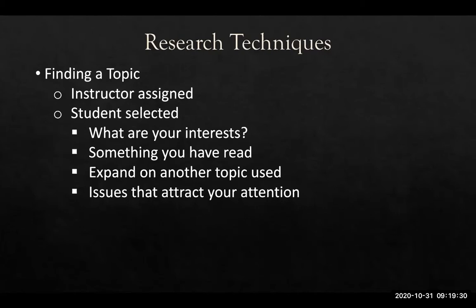The other thing is, you can look at something that you've read. You can find a particular topic or subject in some information that you've recently read. Maybe something you got out of a magazine, a book, a newspaper, or anything related to that. For example, one of the research papers that I did in college came from a book that I read.